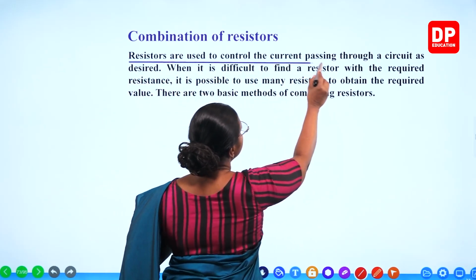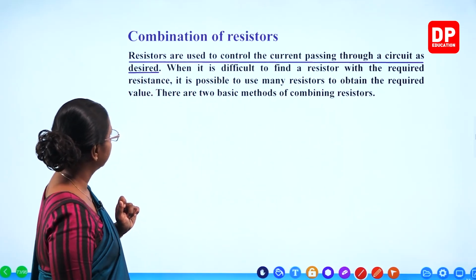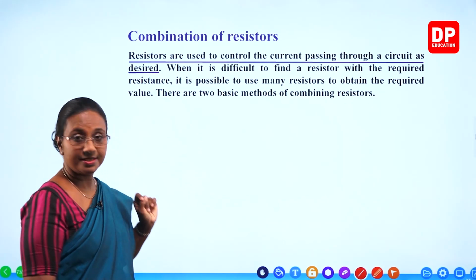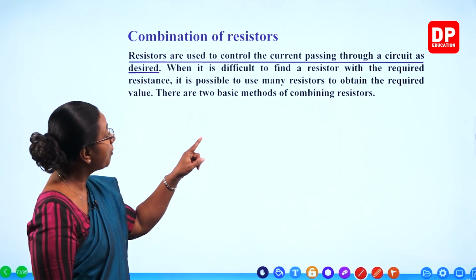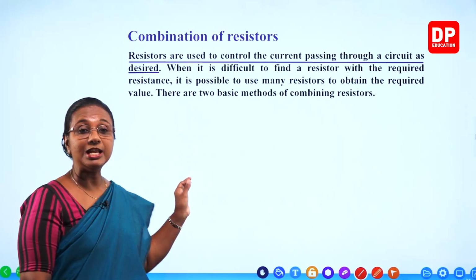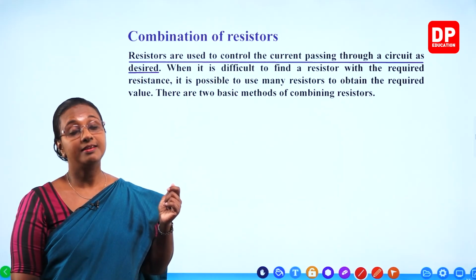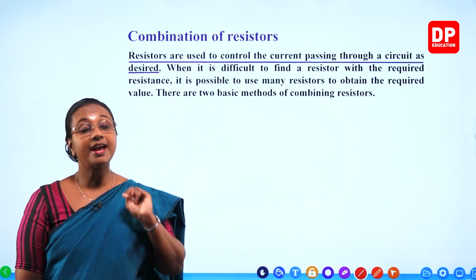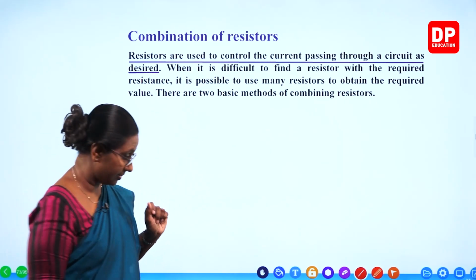And when it is difficult to find a resistor with the required resistance, it is possible to use many resistors to obtain the required value. The required value is what we will be referring to as equivalent resistance. To get that, we can combine resistors, and that can be done in two ways. There are two basic methods of combining resistors.